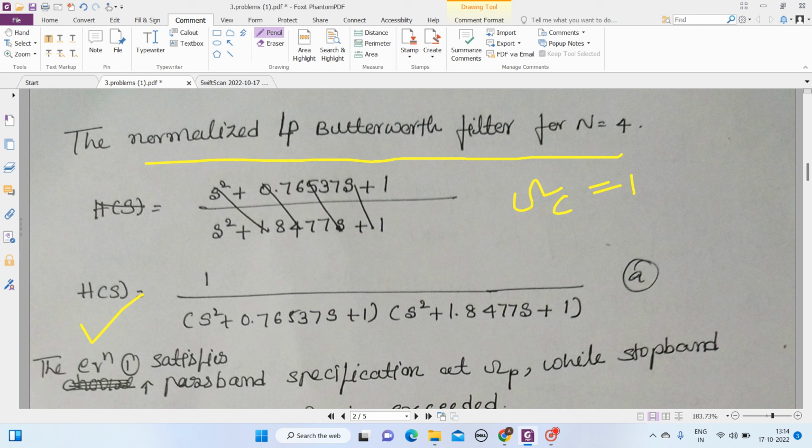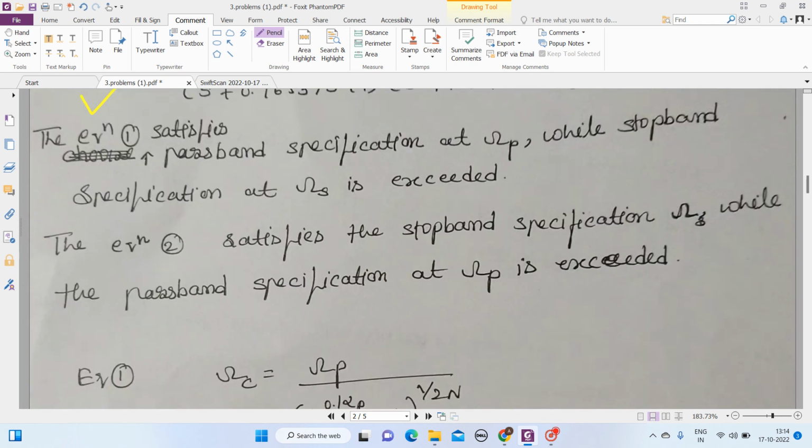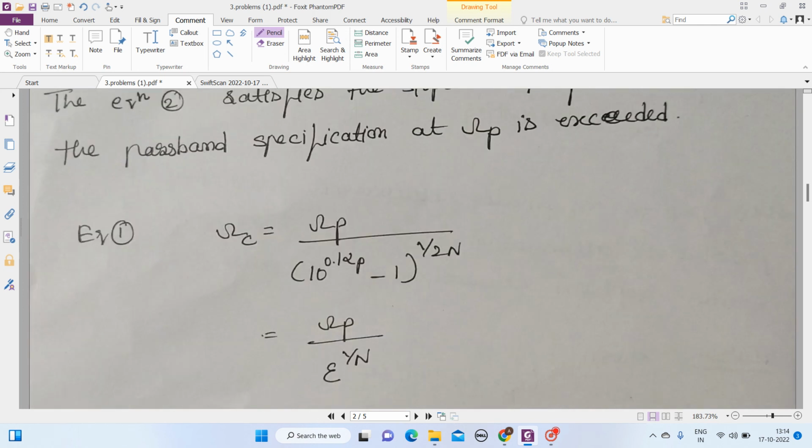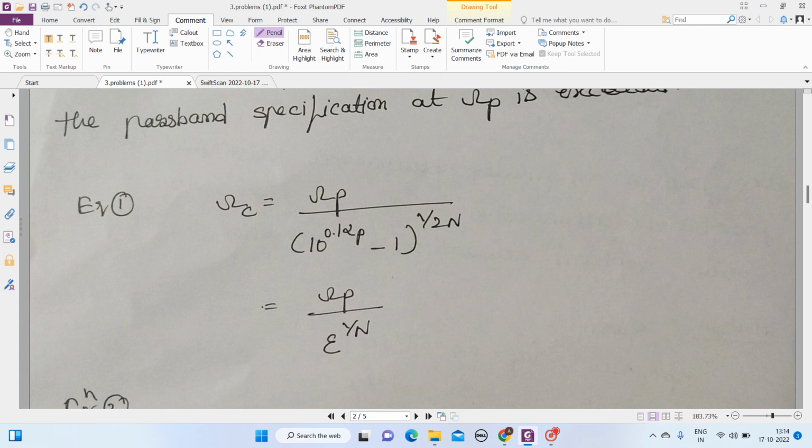Another thing we have to find out is the new cutoff frequency. For that we have two equations, right? What are those equations? This is the cutoff frequency using the passband frequency. Here we have considered only the passband frequency and passband attenuation in order to determine the new cutoff frequency.